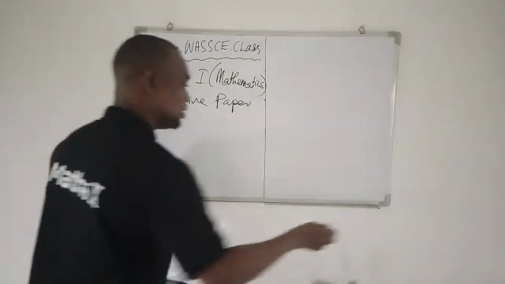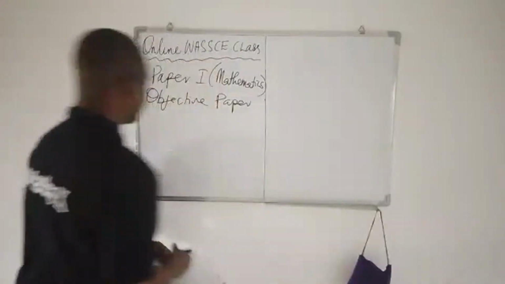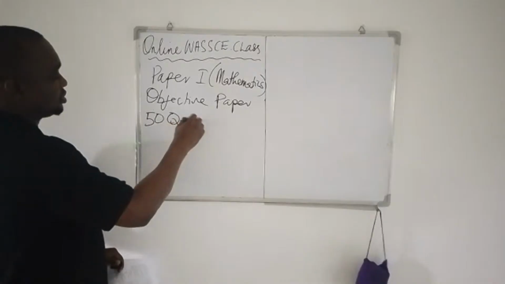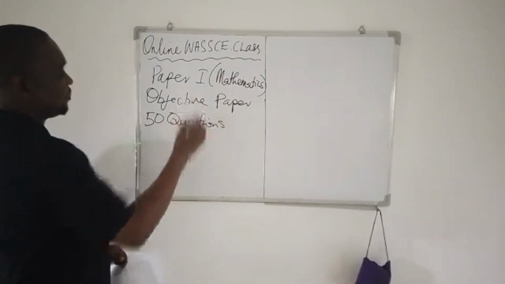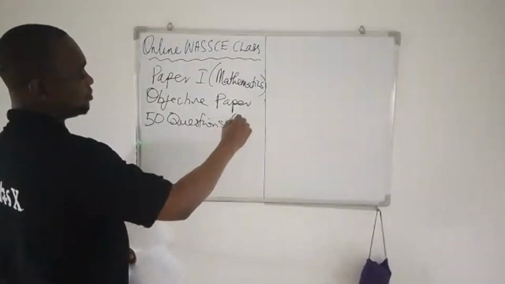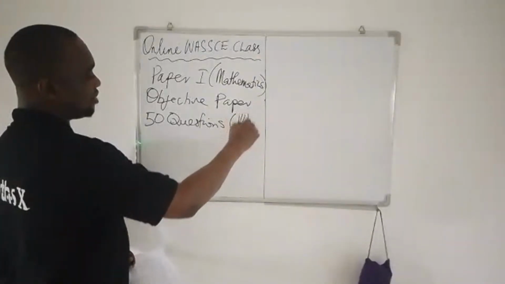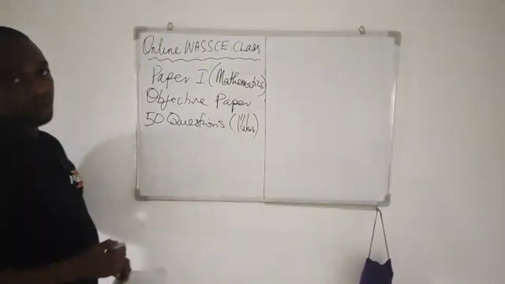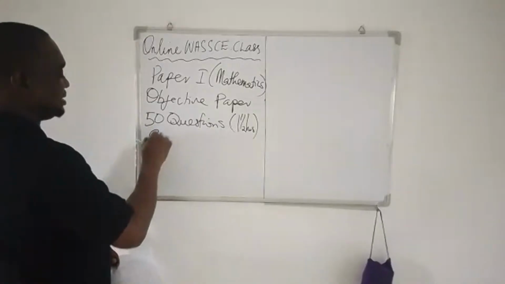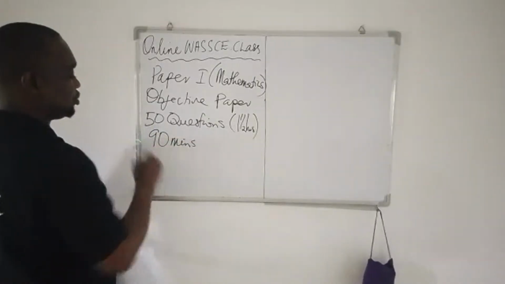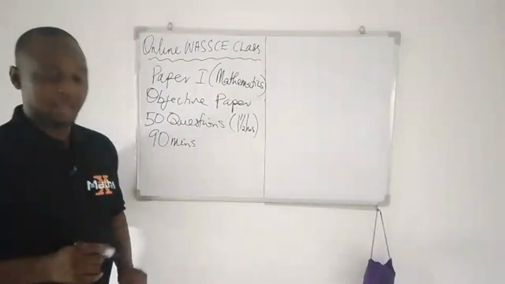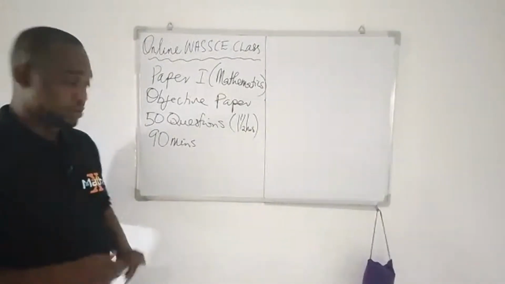A student is supposed to answer 50 questions at a time of 1.5 hours. 1.5 hours amounts to 90 minutes. So you have to handle 50 questions in 1.5 hours, my dear students and viewers.